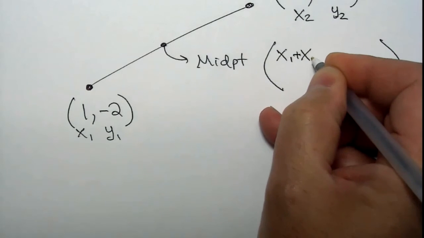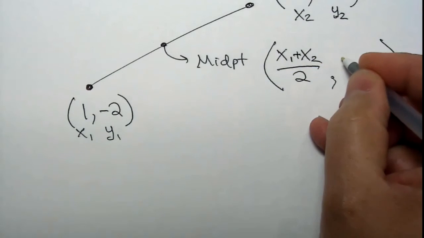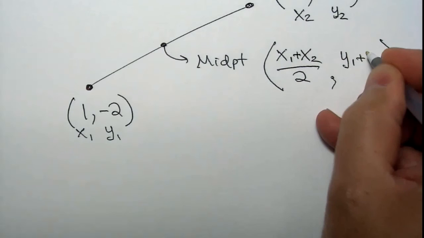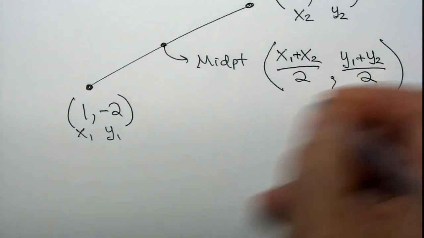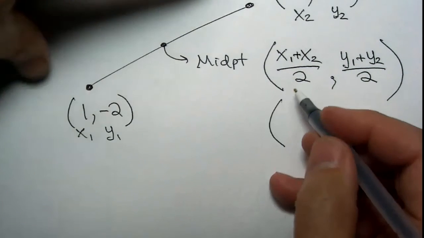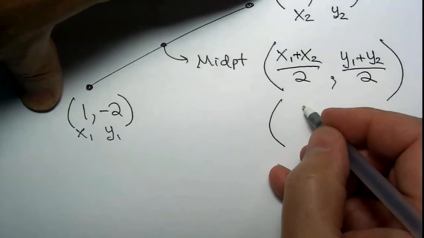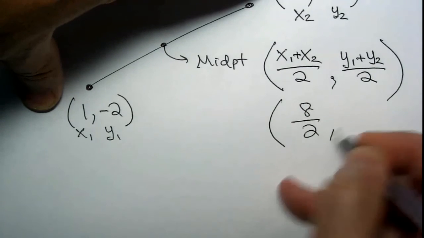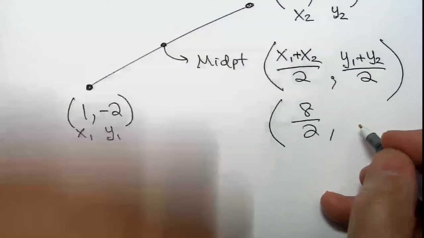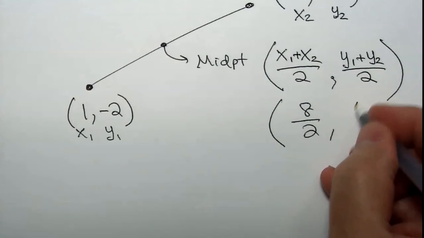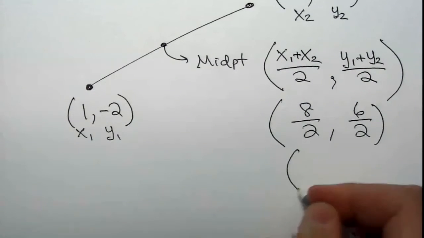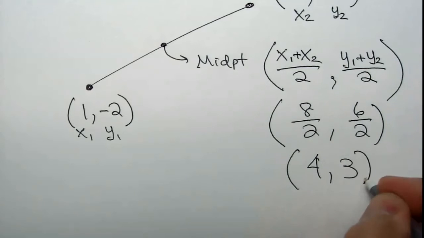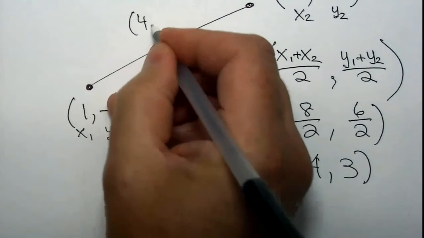You add the 2 x values together and chop it in half. For the y's, you add the 2 y values and chop it in half. So what's our midpoint going to be? x1 plus x2, that's 7 plus 1 is 8. y1 plus y2 is 8 plus minus 2, which is 6. And so the coordinate of that midpoint is 4, 3. So now I can label that.